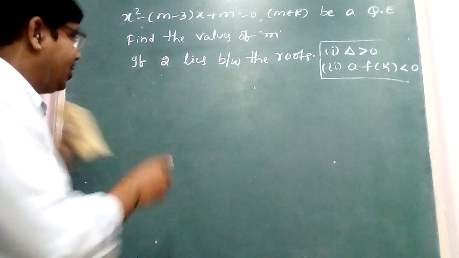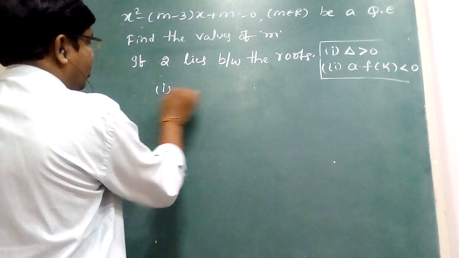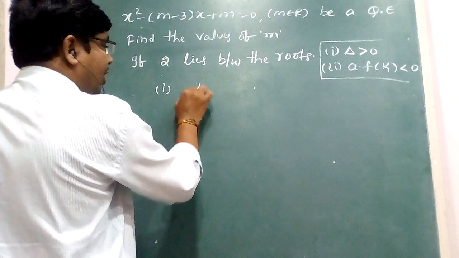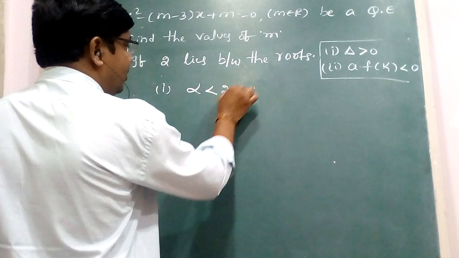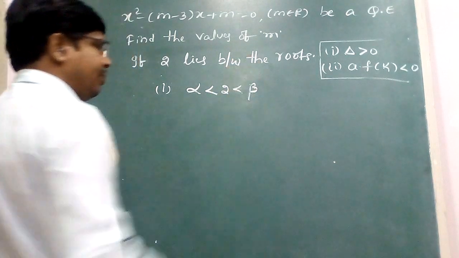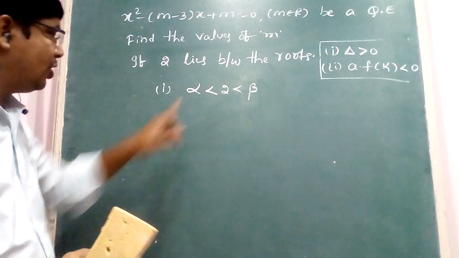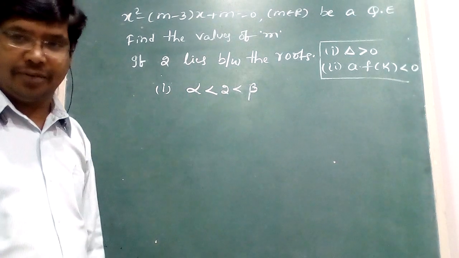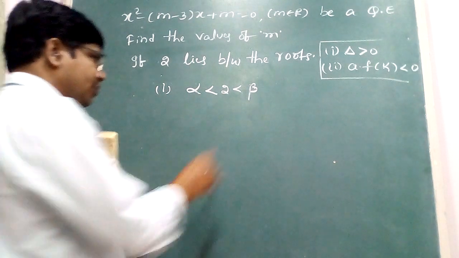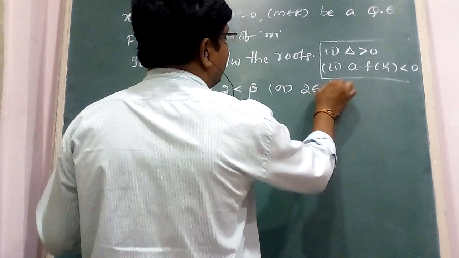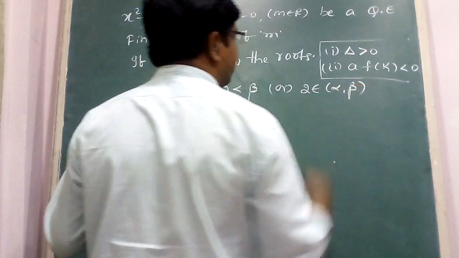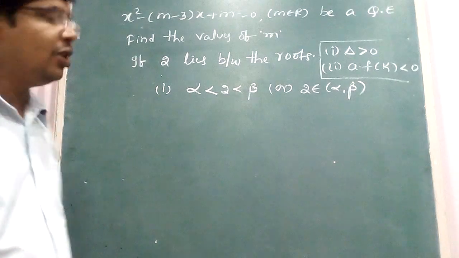That means you can take the roots as alpha and beta. Given condition: alpha less than 2 less than beta, 2 lies between alpha and beta. I can write it like this, or I can write 2 belongs to alpha comma beta.